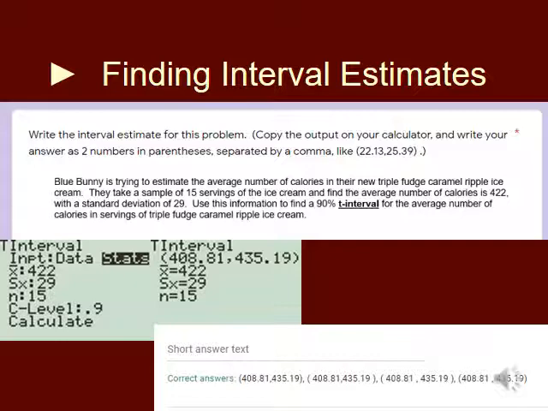You do your calculation, and the best thing to do for your answer is just literally copy what's in the parentheses, 408.81 to 435.19. Now, I actually did a screen capture at the bottom that shows all the different things I put in for the computer to count as right answers. On this one, you might notice that some of them have spaces between the parentheses and the comma, and some of them don't.